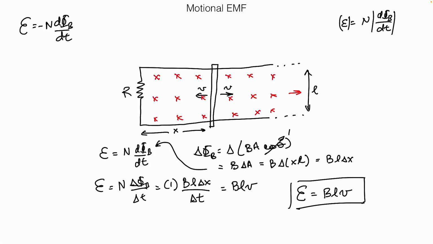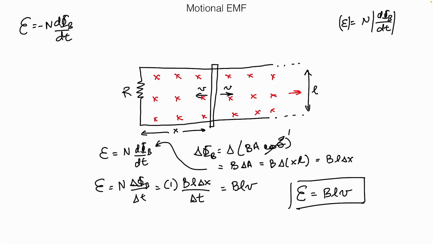Let's flip that. What happens if I suddenly change the voltage in the circuit? If I move the bar and it causes a voltage in the circuit, I'm flipping the idea. What I'm saying is I'm going to change the voltage in the circuit. So what should happen? The bar would move.